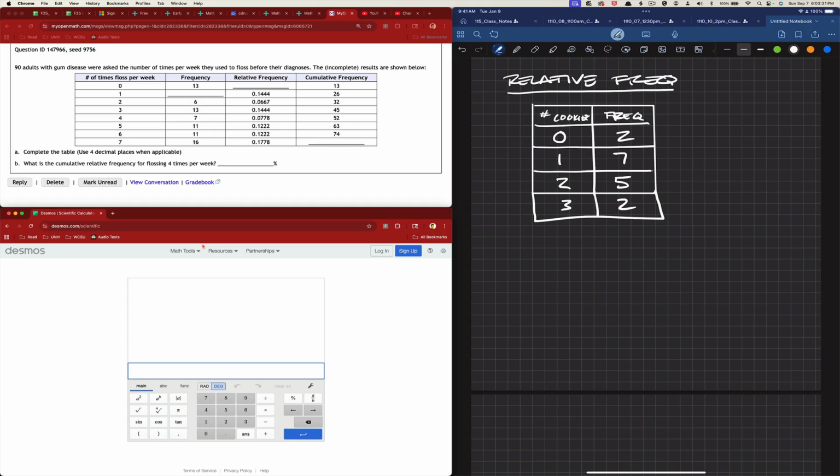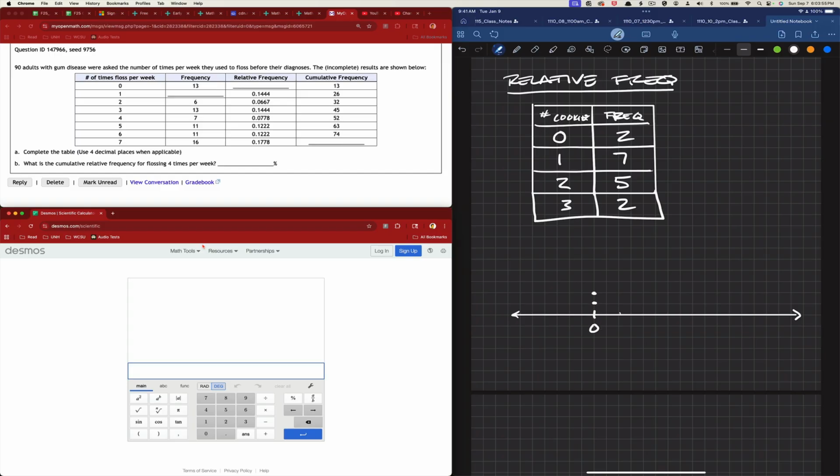This is a frequency table. The data value or data point is 0, 1, 2, and 3. The 2, 7, 5, and 2 are the number of times that data occurs. Or in other words, if we plotted those points, let's do a dot plot. If we did a dot plot of this, we would have 2 dots at 0.